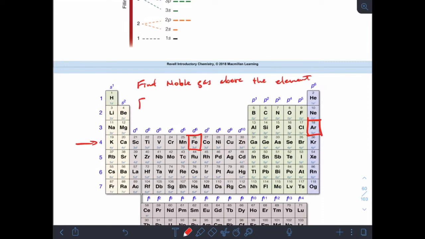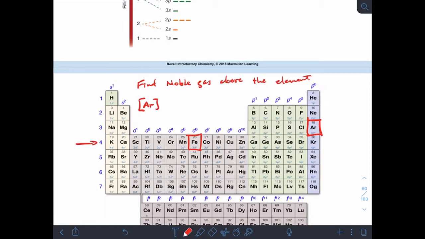So I'm going to put argon in brackets, Ar in brackets. So that tells me all of the information for argon. So that means that that's the shorthand for saying 1s2, 2s2, 2p6, 3s2, 3p6. Okay, so I don't have to say all that stuff in my list. So now all I have to do is list the things that are in the same row as iron.